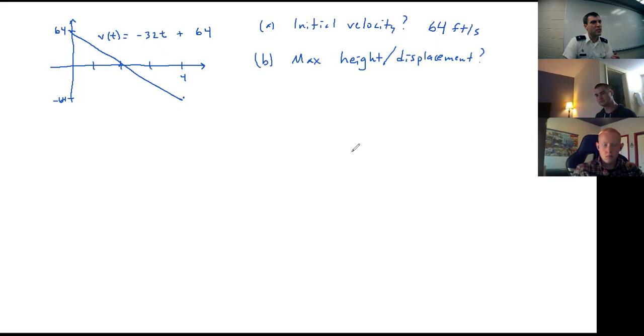Oh yeah, there's an area under the curve aspect of this. Notice, what's the area of this triangle right here?